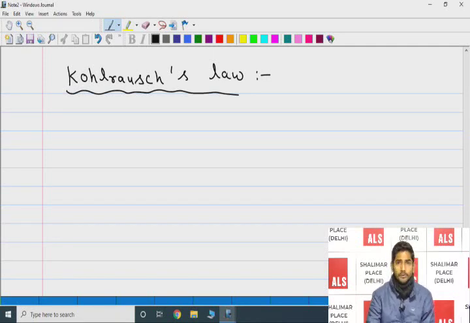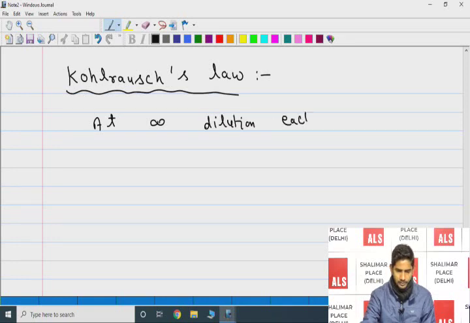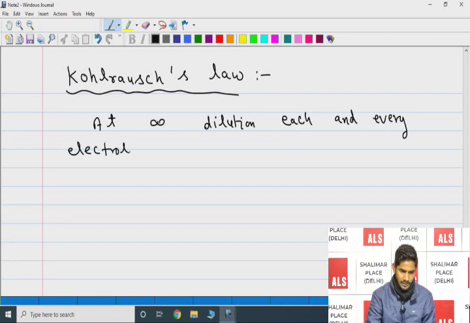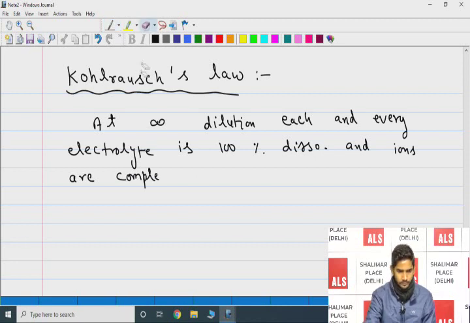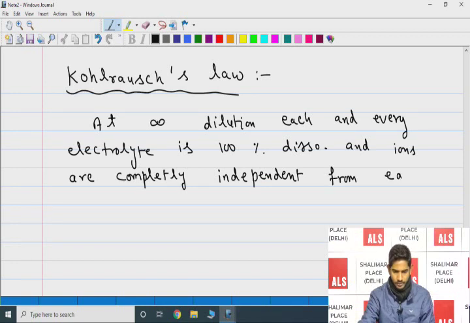So first of all you can copy this. At infinite dilution, each and every electrolyte is 100% dissociated, and ions are completely independent from each other.